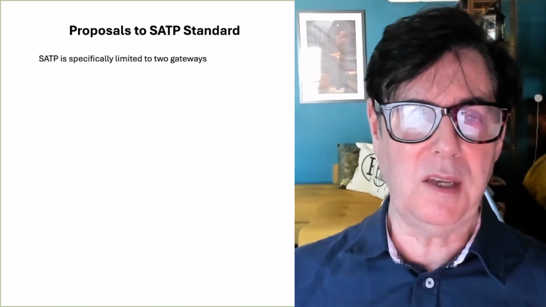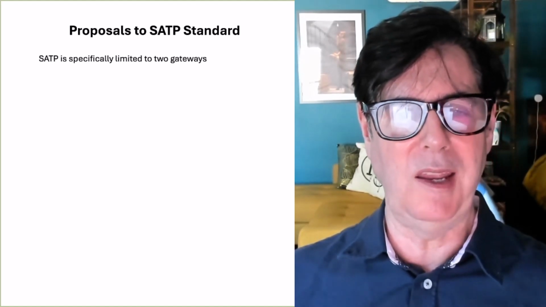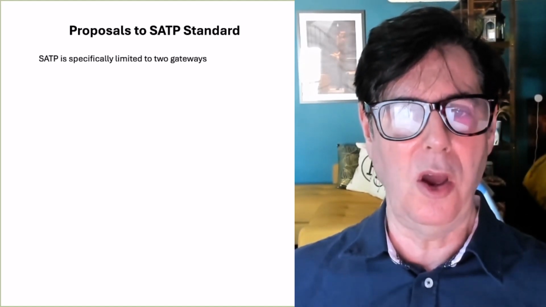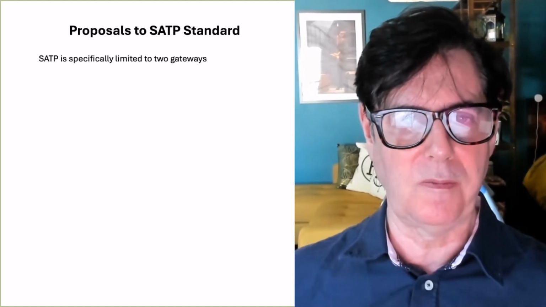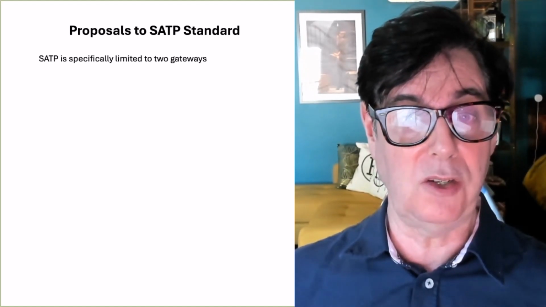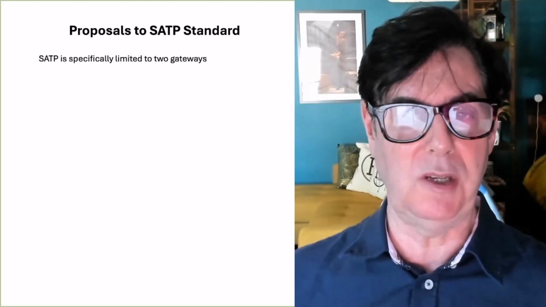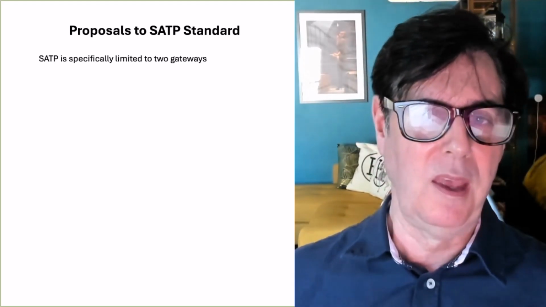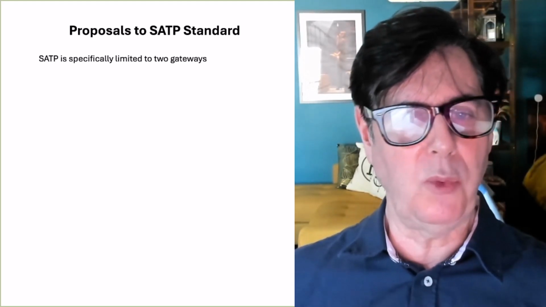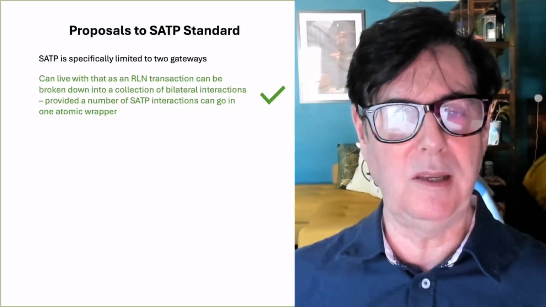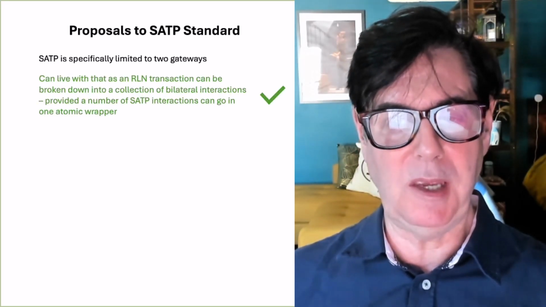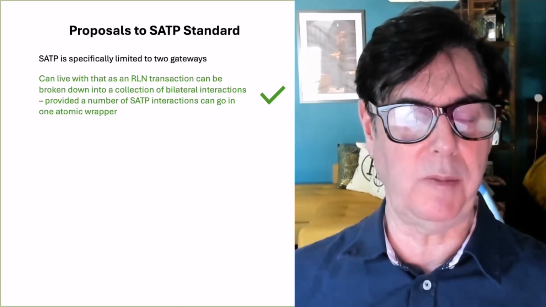First, SATP is focused on an interaction that operates only between 2 gateways. RLN transactions can take place between many ledgers in many gateways. However, we think we can work with this by collecting many SATP interactions into one atomic packet.